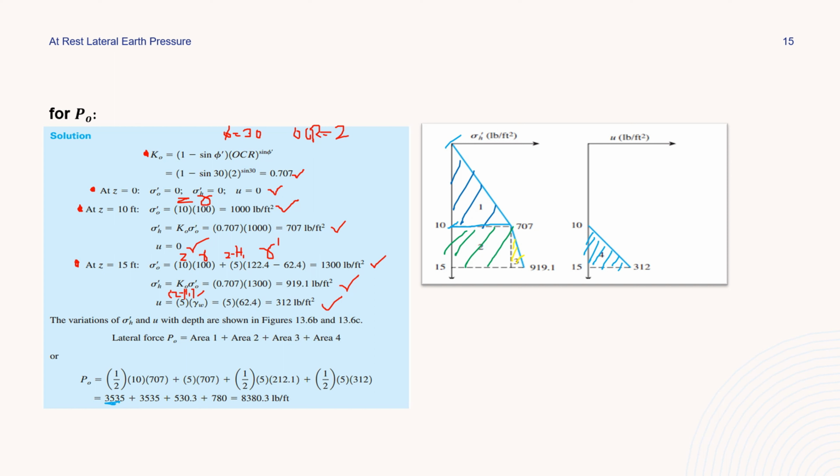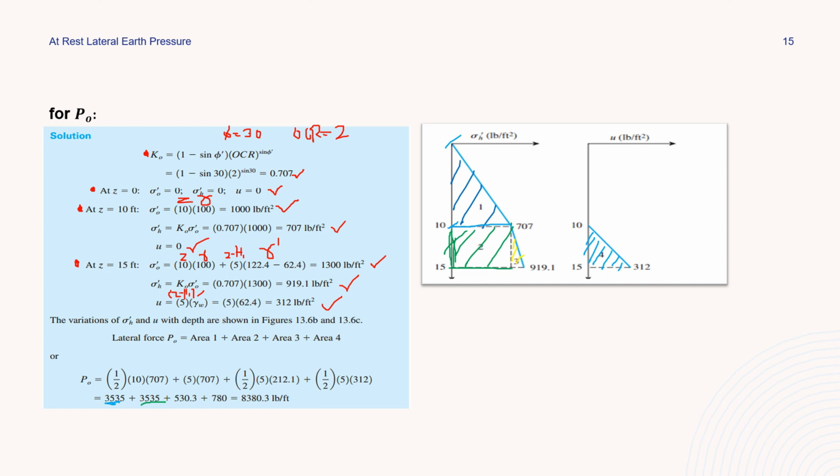Next is area 2. We get 5, since it is a square, so length times width. The width is 5 and the length is 707, because from this point to this point it is 707. So we get 3535 also.